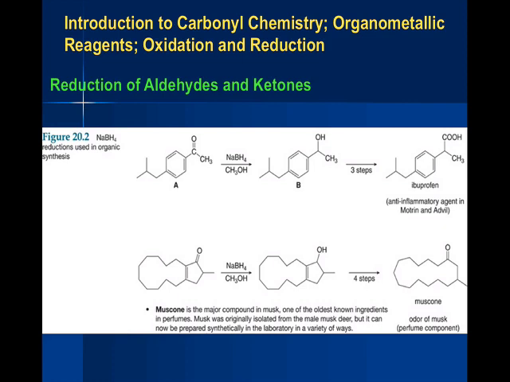It contains this molecule, which gives it that, and it is made synthetically. We don't actually kill little musks anymore to make this. Okay, so this is a perfume component. It actually contains one chiral center, but it's a fairly large molecule for what we've been talking about so far. But it is useful in the perfumery and cologne-making industry.